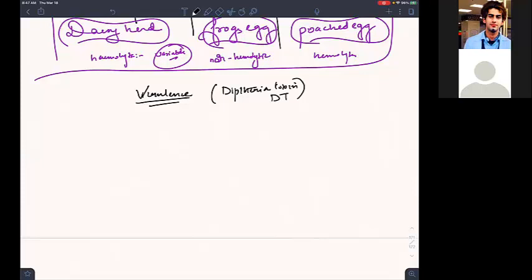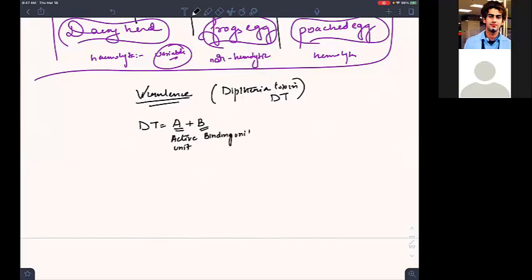This DT is made up of A plus B. A is the active unit, and B is the binding unit.